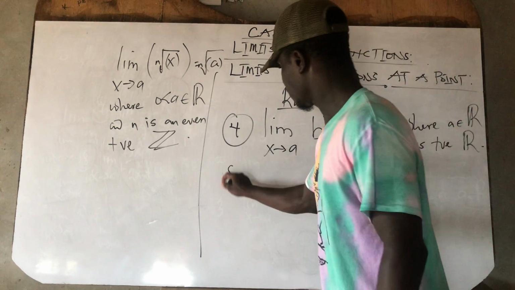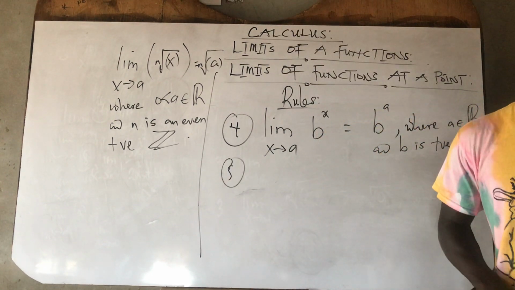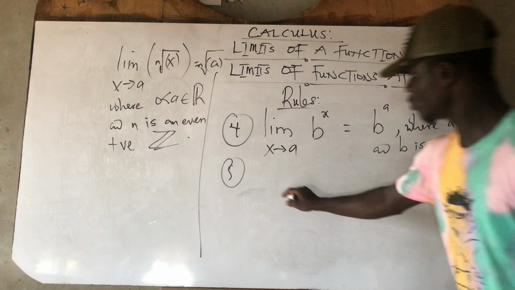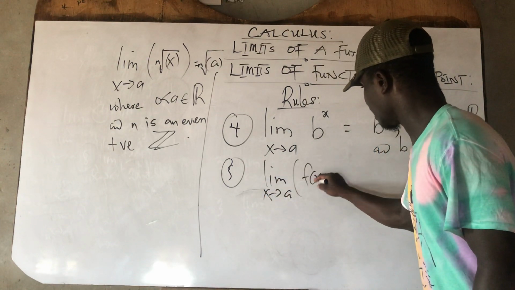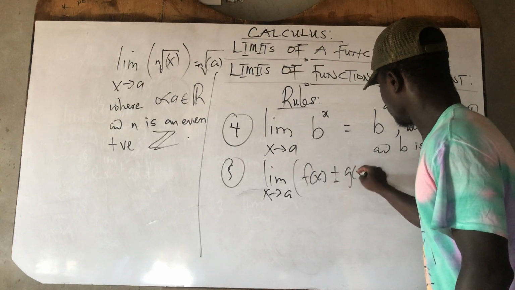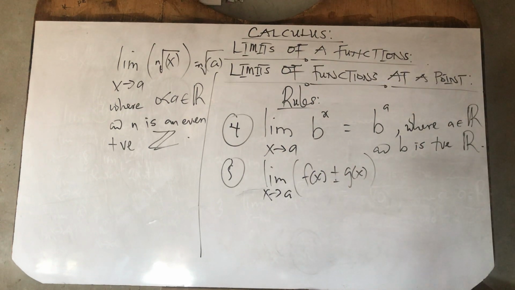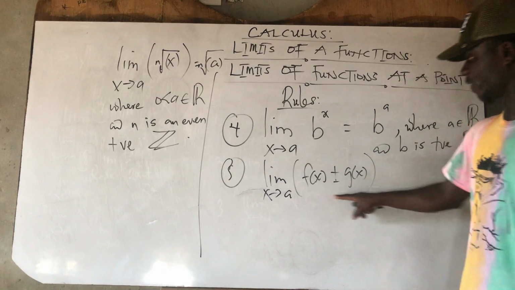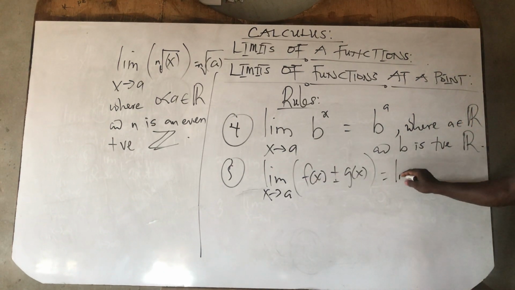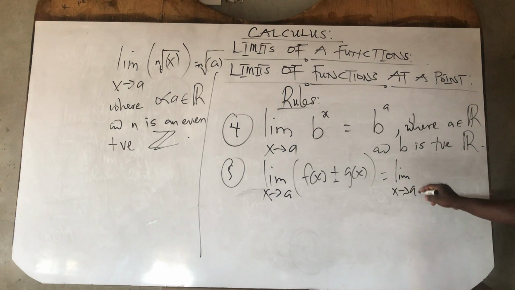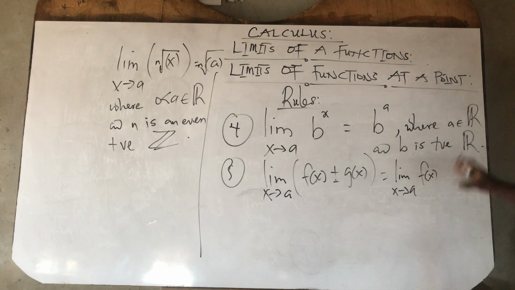Then the fifth rule. What we did, we know that the limit as x approaches a of f of x plus or minus g of x is the same thing as the limit as x approaches a of f of x, plus the limit as x approaches a of g of x, right?